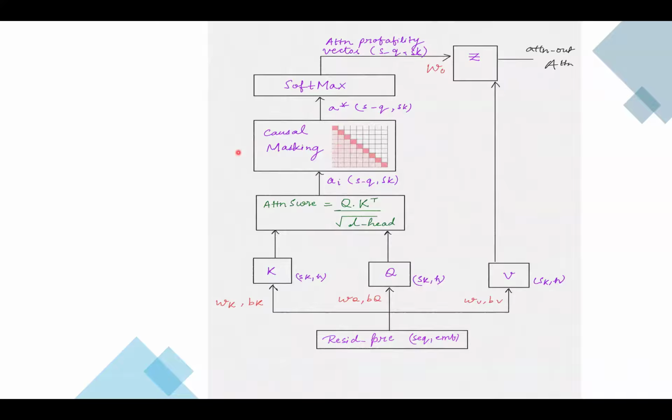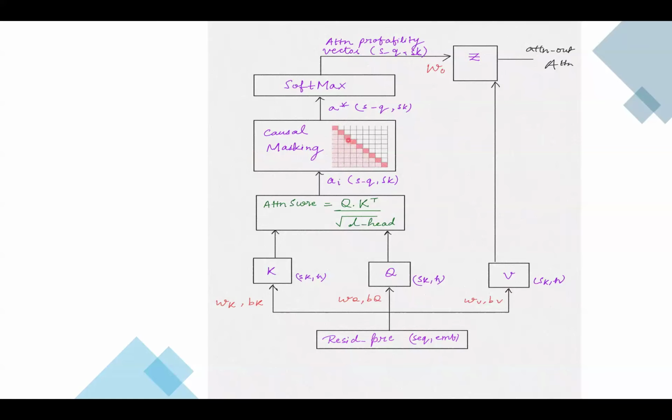Causal masking will force this square matrix to become a lower triangle matrix. For example, the first token can only pay attention to itself. It has no method to see any other position or extract any information from any other position in your sequence.